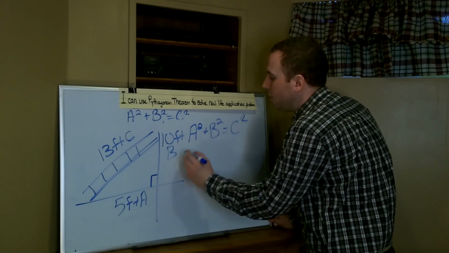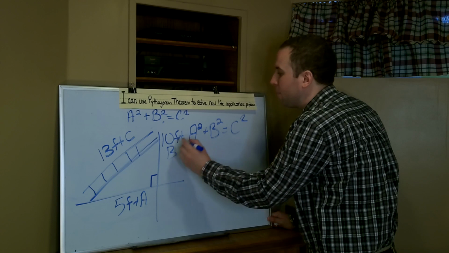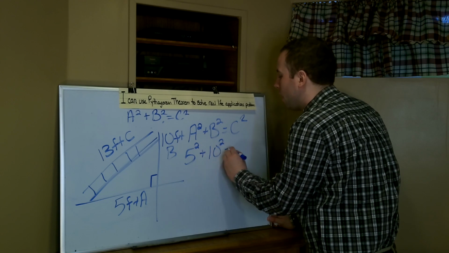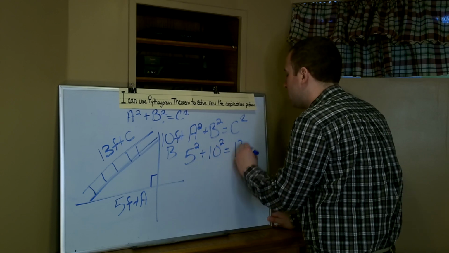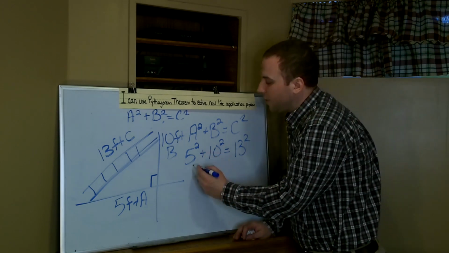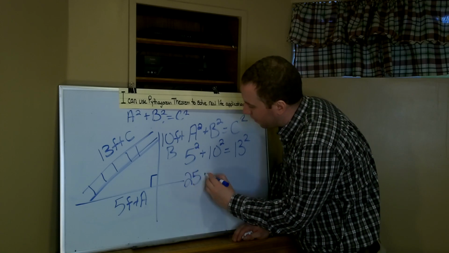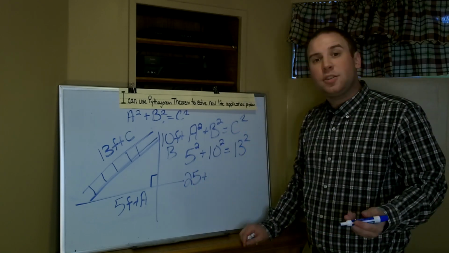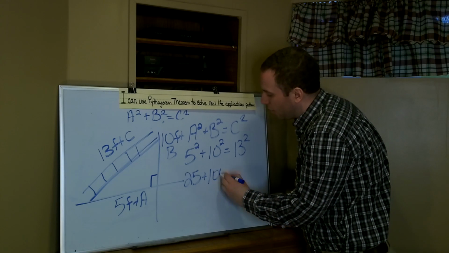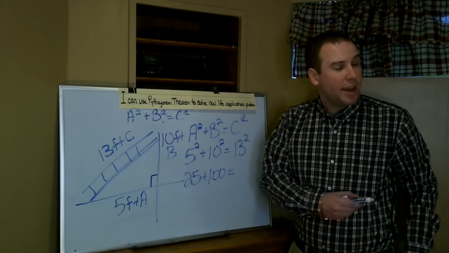If it doesn't, however, then the answer is no, this is not right. So, in doing so, let's review. We plug in A for 5, so we get 5 squared plus B, which is 10 squared, equals C, which is 13 squared. So, A squared, which is 5 squared, is 5 times 5, which is 25. 10 squared is, once again, 100. And 13 squared is, anyone?